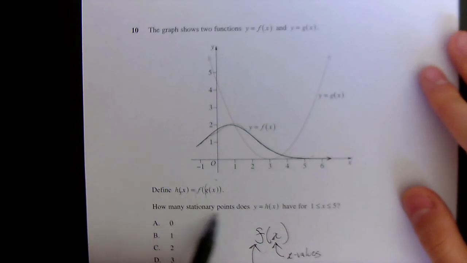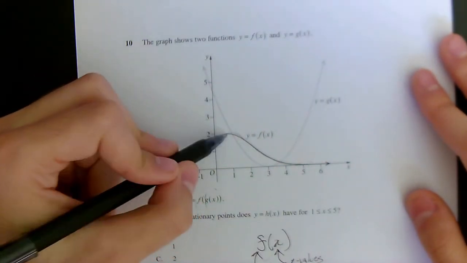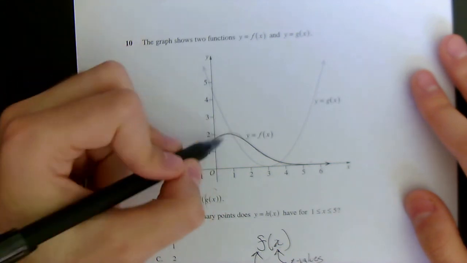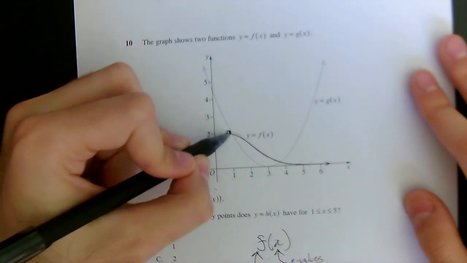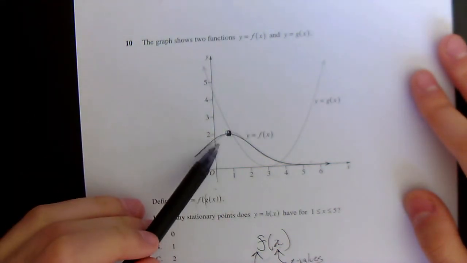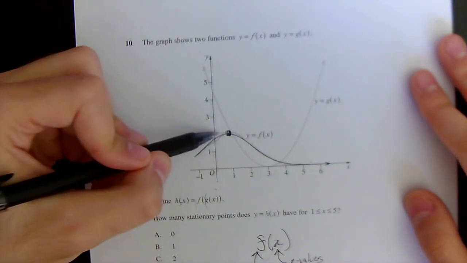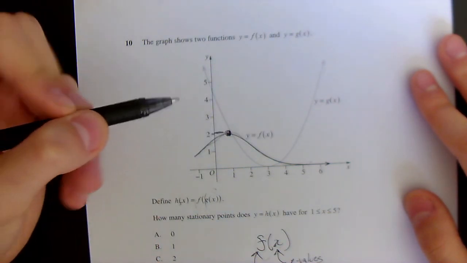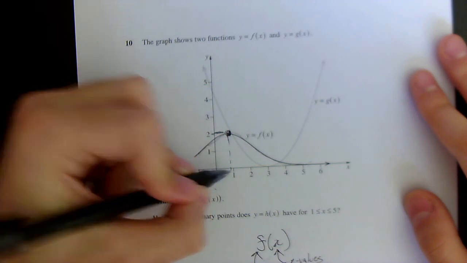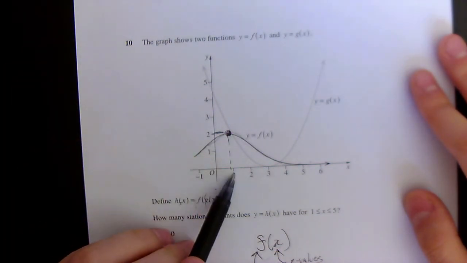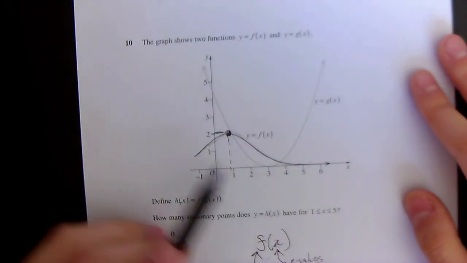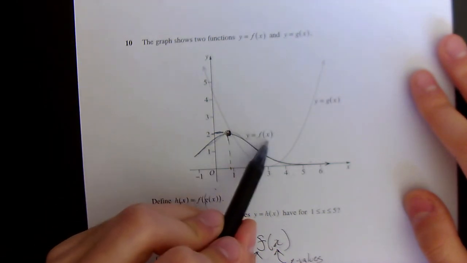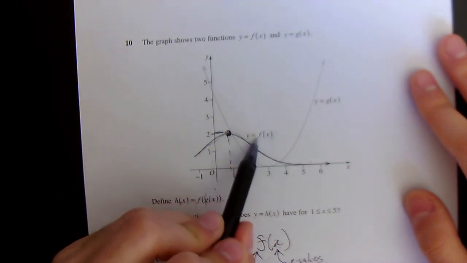And recall that we want how many stationary points h of x has. So essentially it's saying how many of them lie here. So how many values get me a y value of 2 basically. And what we notice is that this is when there's an x value a little bit less than 1. Okay? And recall, what are these x values that we're putting into the function f of x?